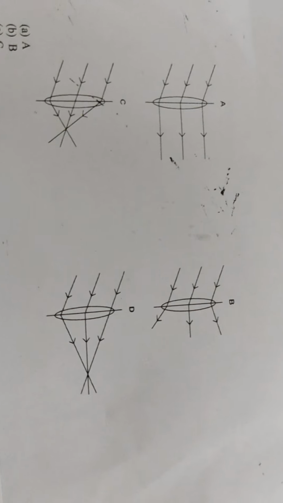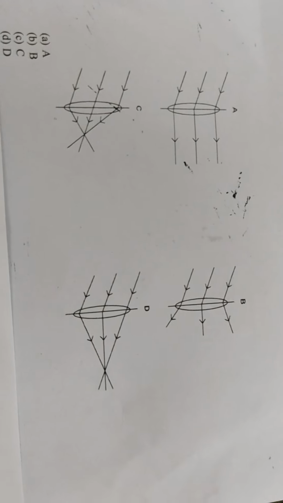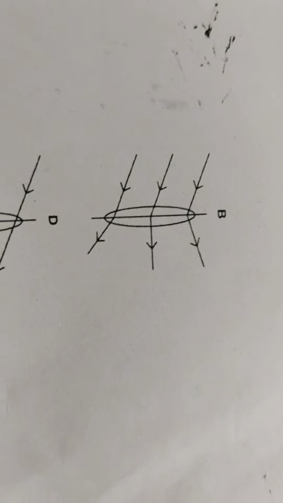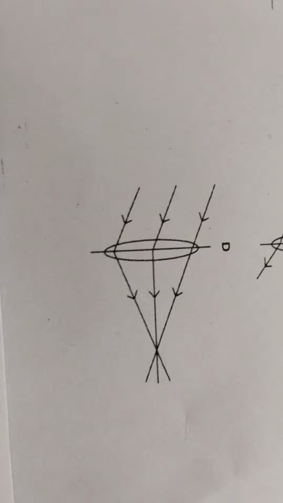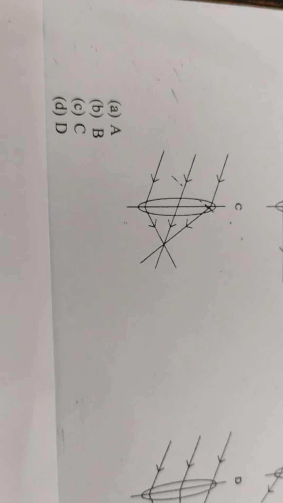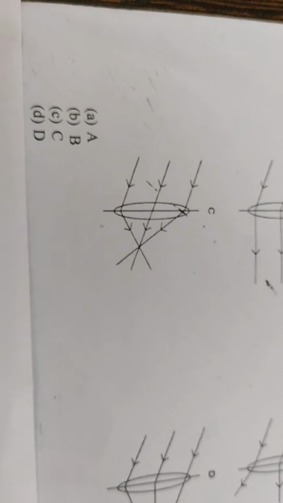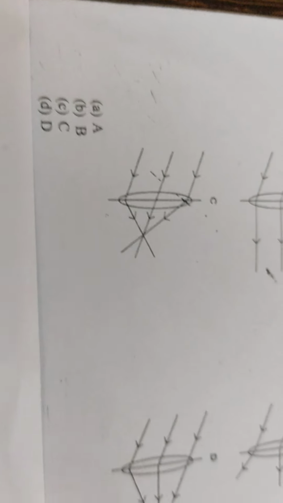It means it does not bend. In case of A, the ray is bending. In case of C, here it is bending, center ray. Look at the center ray. It is bending. In case of B, again it is bending. In case of D, also the center ray is bending. In case of C, the center ray, that is ray passing through the optical center, is going undeviated without any bending. So C is the correct option. Hope it is clear to you. So C option is correct.